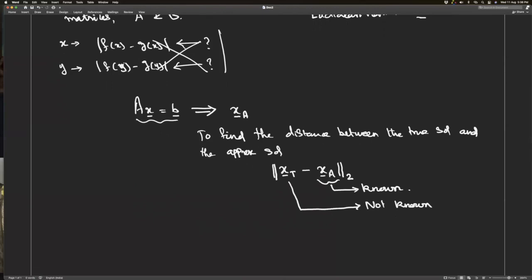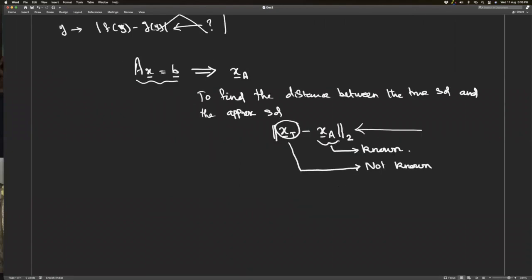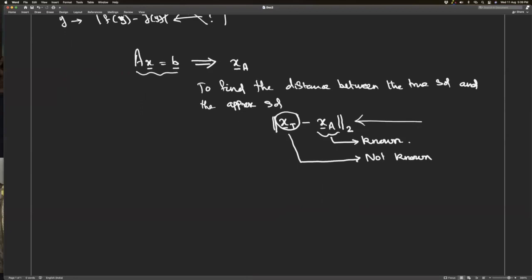Therefore, you want to get an idea of this number without knowing this quantity. So that is the interest for us. If not the exact number, at least can we find an estimate of this error, is the question. The answer for this question will naturally bring in the situation of measuring how good or bad the coefficient matrix A is. Well, that needs the notion of condition number for the matrix A.